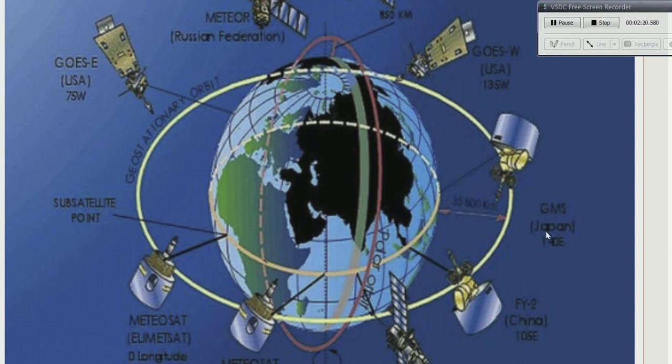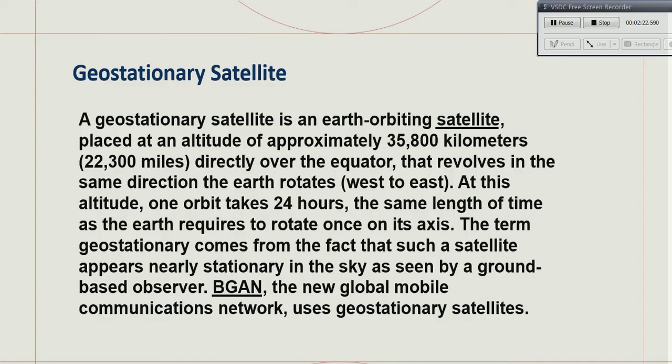What is basically a geostationary satellite? A geostationary satellite is an earth orbiting satellite. It is moving just on the equatorial plane of the earth. It is placed at an altitude of approximately 35800 kilometers, that is nearly 23 thousand miles, directly over the equator, and it revolves in the same direction as the earth rotates, as I said just now.